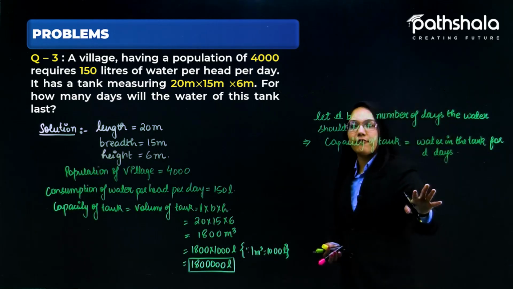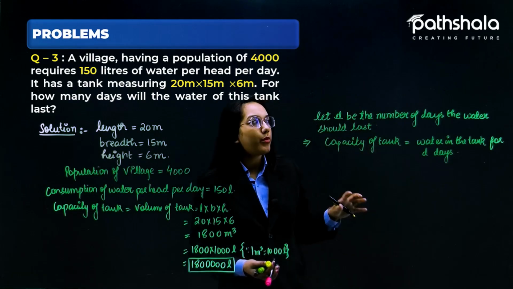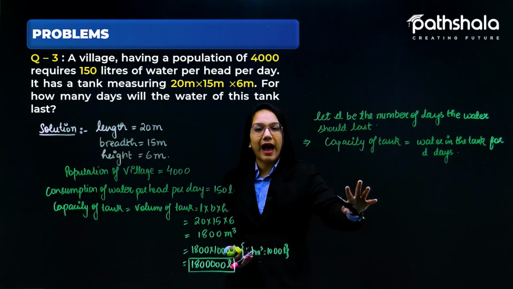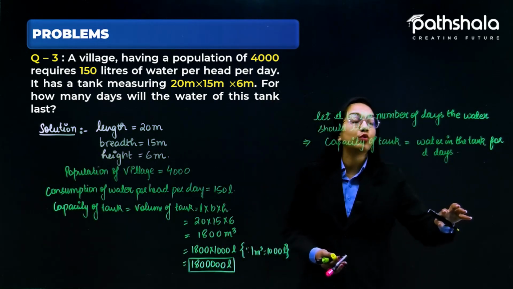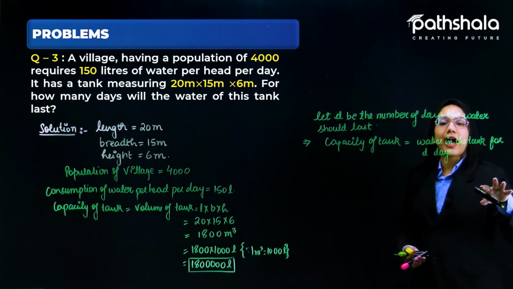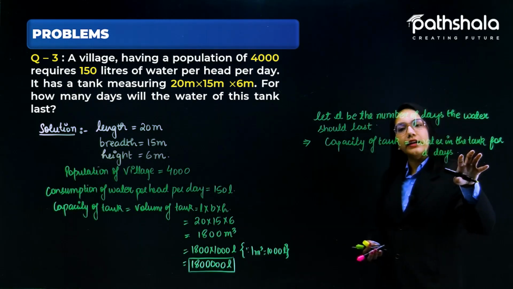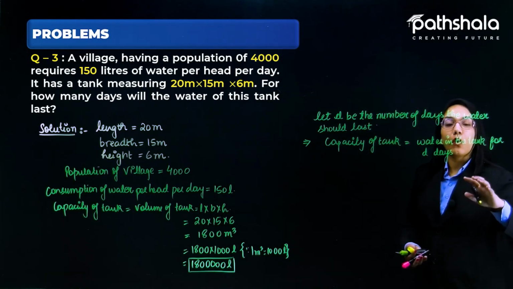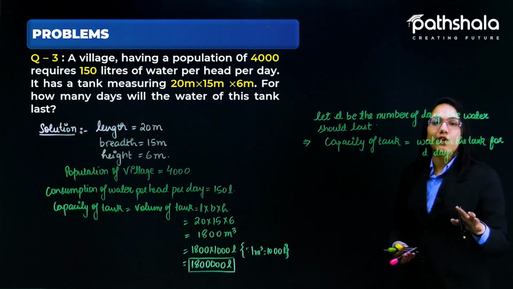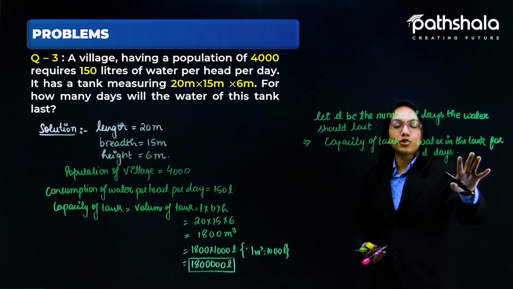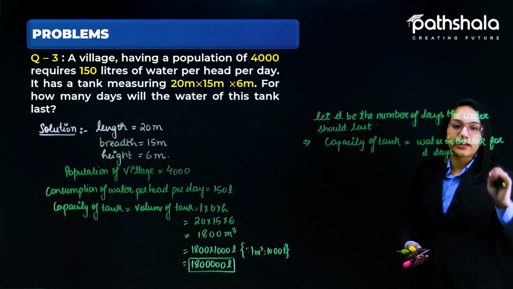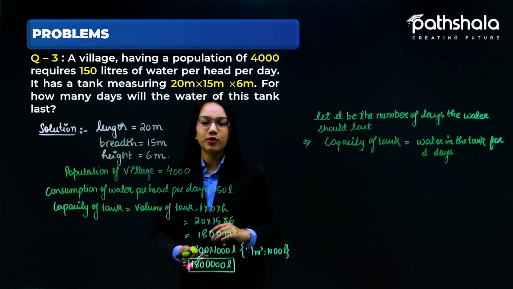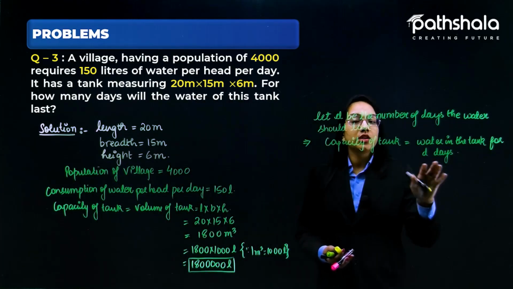So as you can see, if we are taking D to be the number of days the water should last, it definitely implies the capacity of the tank should be equal to the water in the tank for the D days, or we can also write it as the consumption of the water by the whole population in D days.